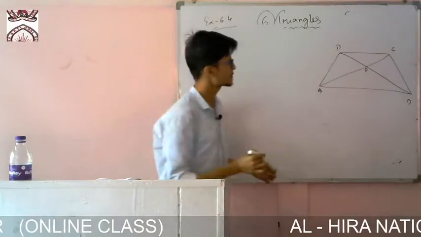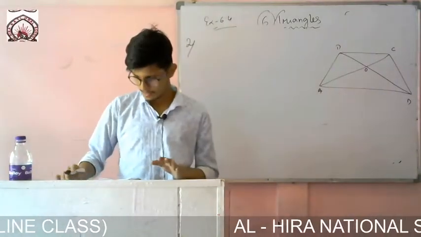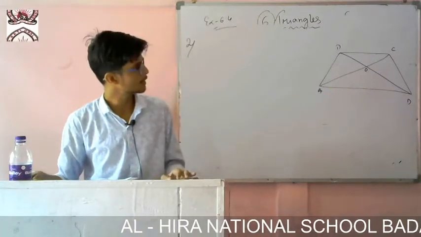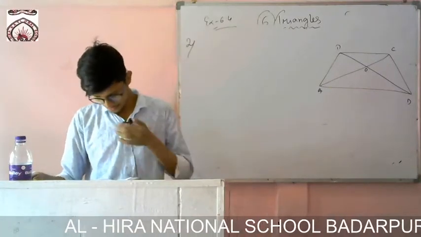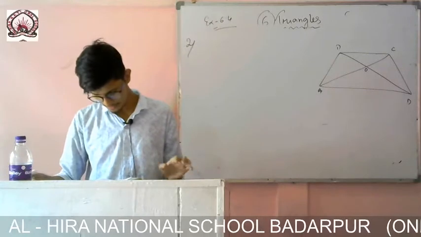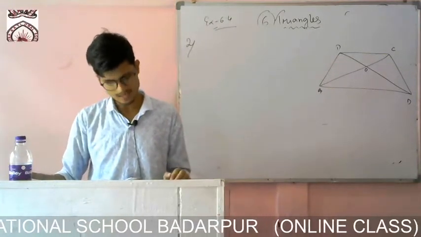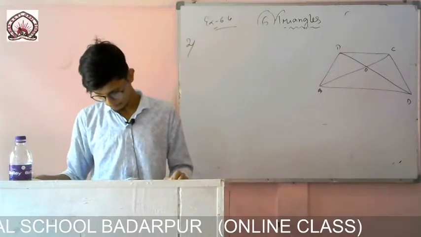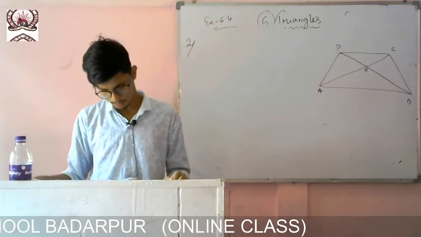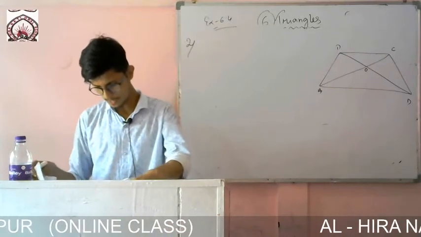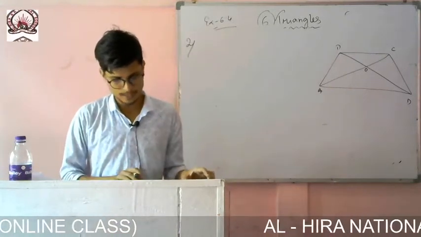It is given in the question that ABCD is a trapezium. We have drawn AB parallel to DC. The diagonals intersect each other at point O. Yes, they are intersecting each other at point O. If AB equals twice CD, find the ratio of the areas of the triangle AOB and triangle COD.